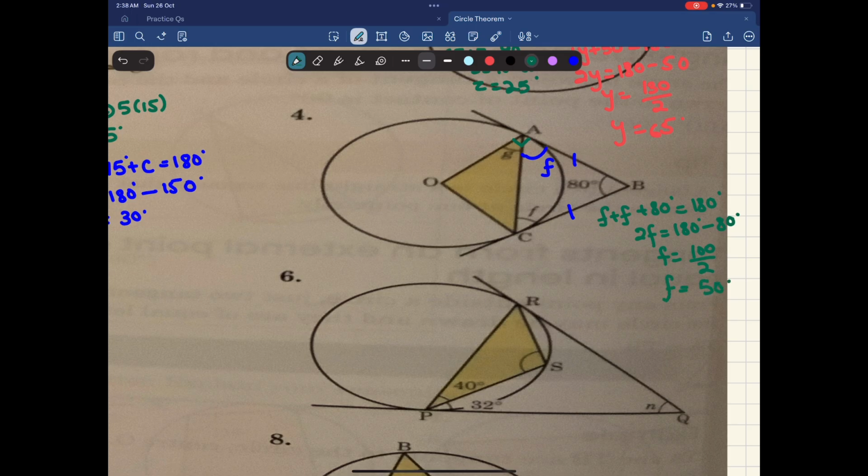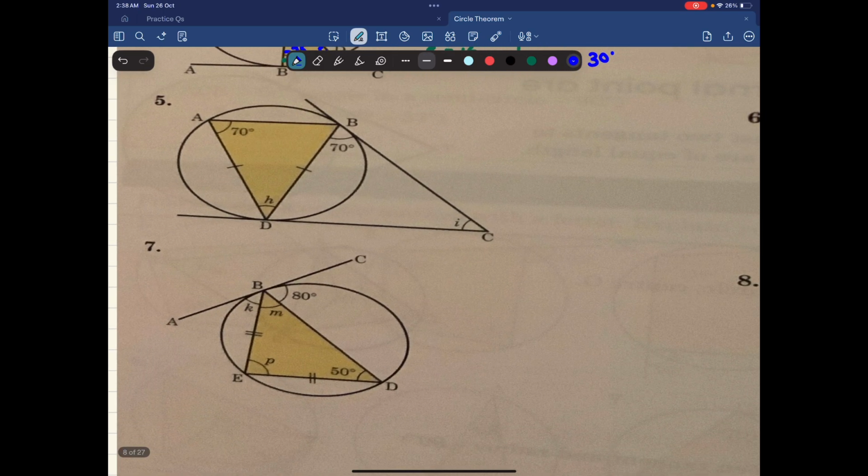So if this is 50, and we know that G plus 50 is basically 90 degrees, we can also find angle G. So angle G is going to be equal to 40 degrees.